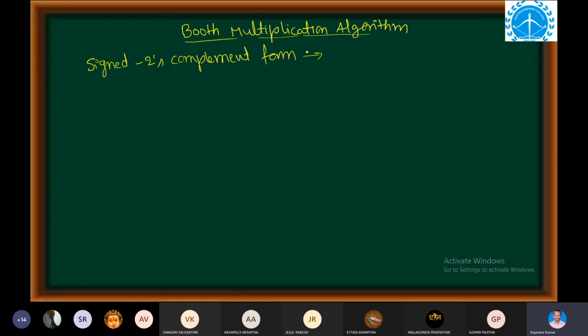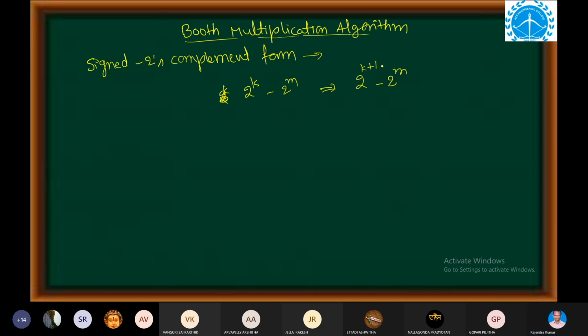And a string of ones in the multiplier from bit weight 2 power k to 2 power m can be treated as 2 power k plus 1 minus 2 power m. I will explain in detail.